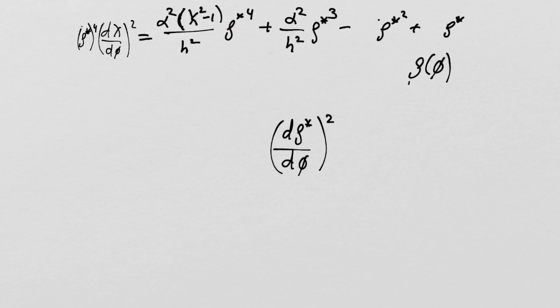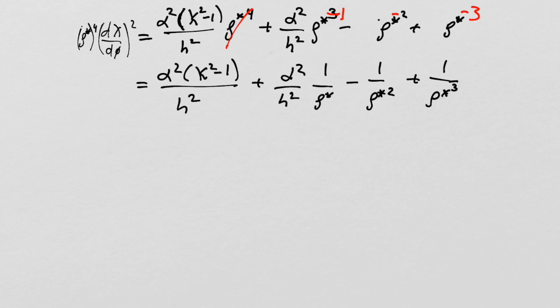So this term will cancel. This term will end up with a minus 1, this term will end up with a minus 2, and this term will end up with a minus 3. I just divided by this factor of rho star to the 4th, which was living here a moment ago. Right there it was, and now it is gone.